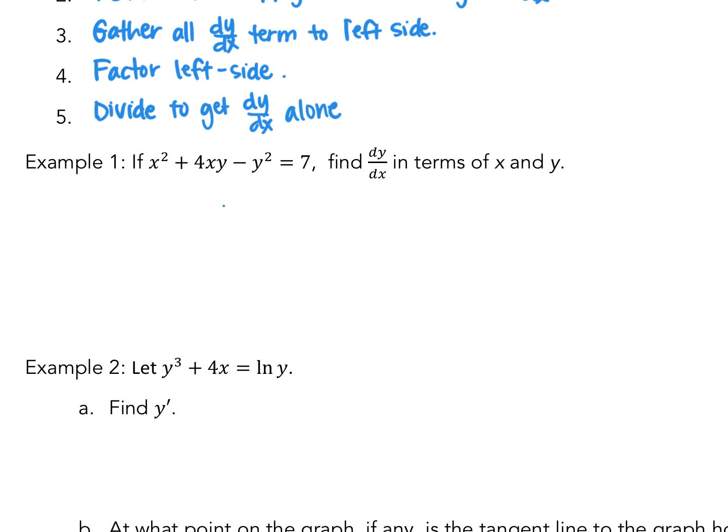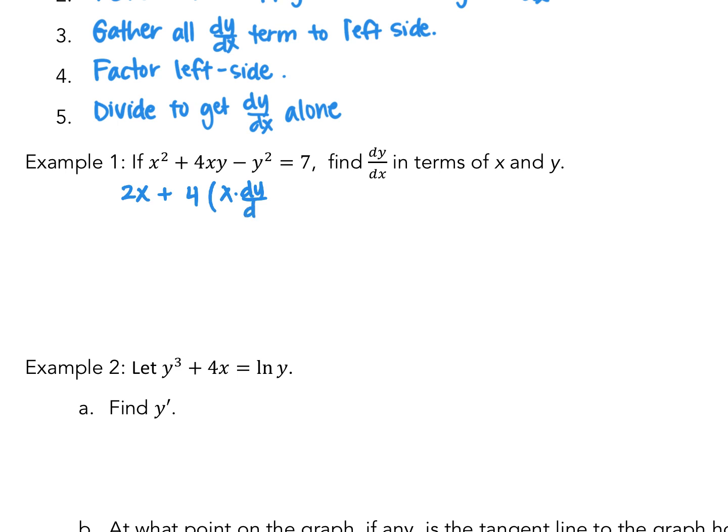All right, so this is a kind of an ellipse, and it's going to fail the vertical line test. And it's also difficult for us to get y by itself. So we're going to take the derivative of both sides. The derivative of x squared is 2x. The derivative of 4xy needs the product rule.